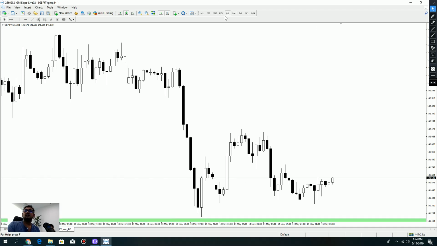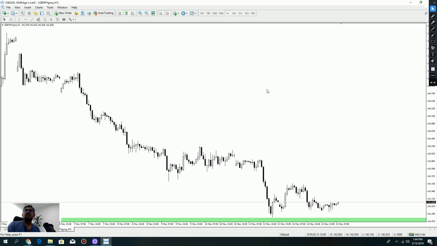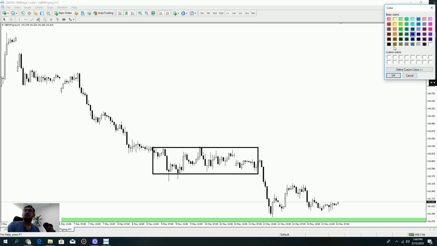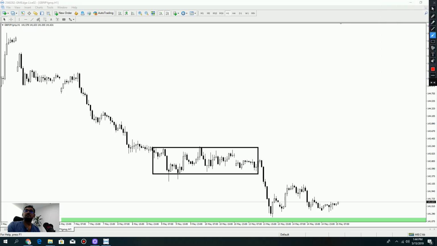Let's look at H1. Now H1, if you see, this is a good rejection area. Price has been ranging here. You can see price is ranging between this, and all of a sudden sellers push the price down and sellers dominated the market.